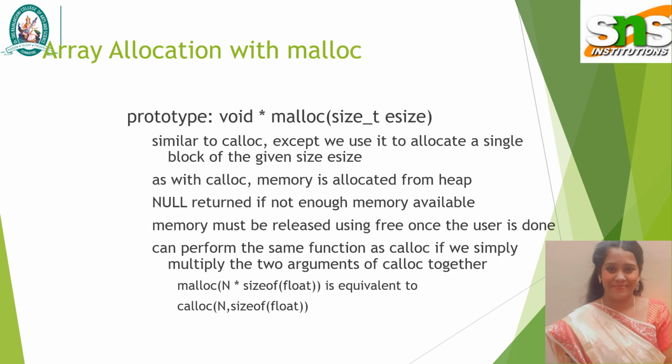When we go for malloc, malloc is a function in the C standard library that stands for memory allocation. It is used dynamically to allocate memory for a single block of memory. The syntax of malloc is void star malloc, size_t size. Size is the size of the memory block to allocate. Malloc returns a pointer to the starting address of the allocated memory block.